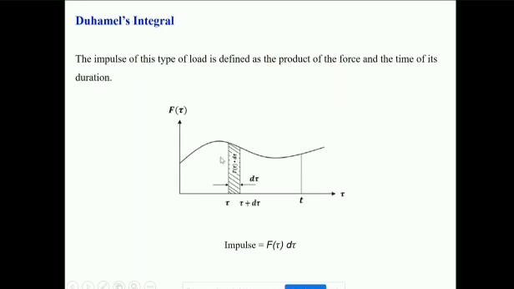Similarly, each of these strips as an impulsive load will introduce some change in velocity, and that effect will contribute to the response at time t. So all these effects should be summed up to the time t. That means this tau will vary over an interval from 0 to t.